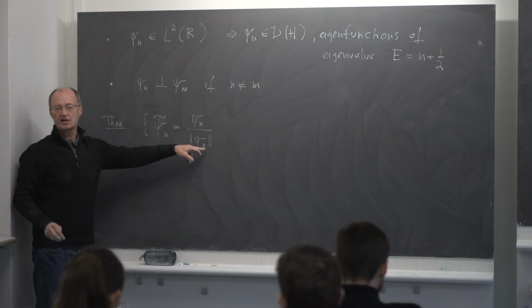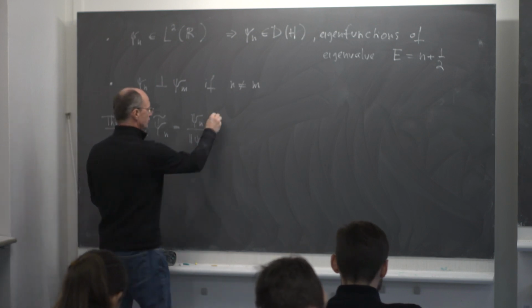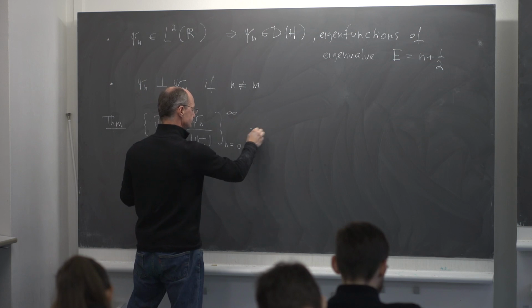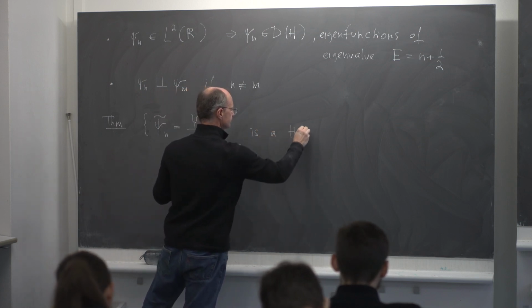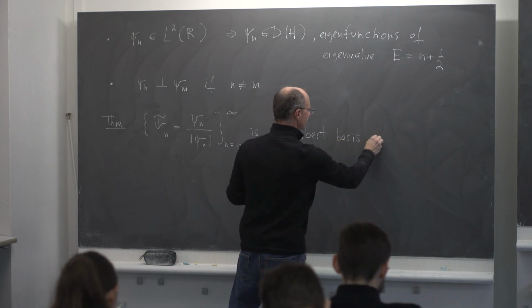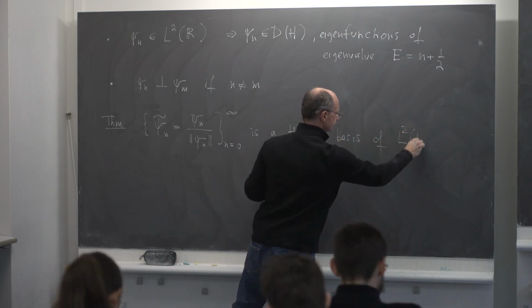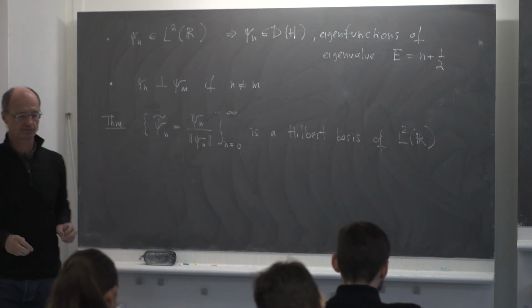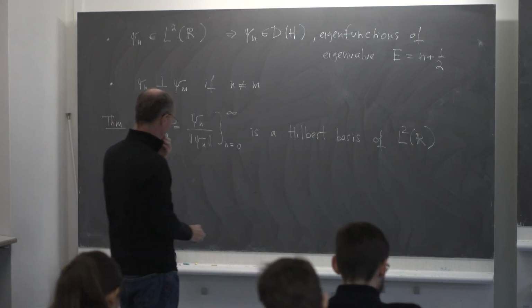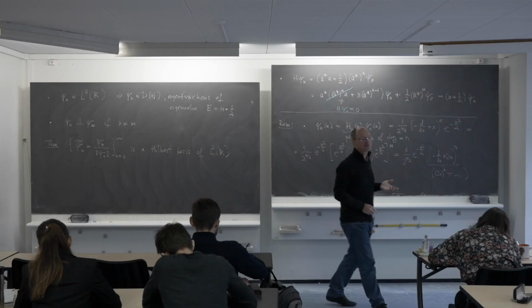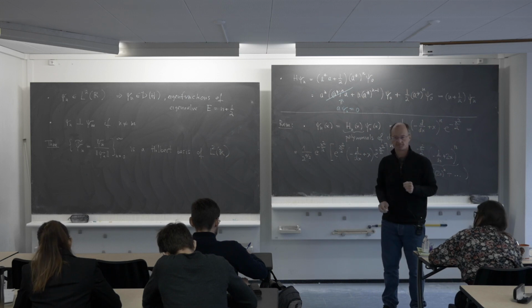If you normalize them by their L2 norms, we obtain a Hilbert basis of L2 of R. Maybe just a test question: what could actually go wrong?